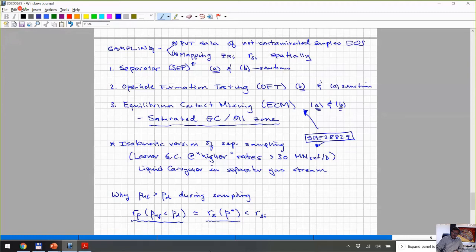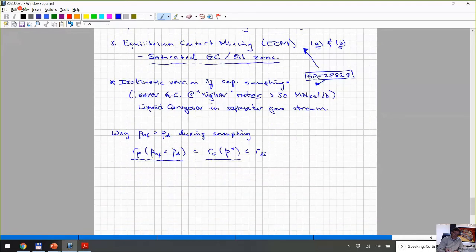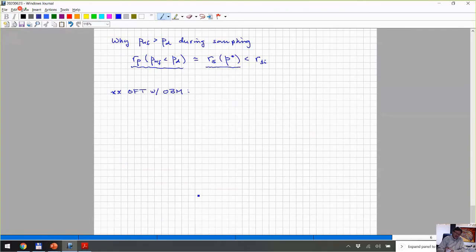Now, on this footnote, I'm not going to go into great detail here, but in this second footnote on open hole formation testing with oil-based mud, there's a report and a presentation.